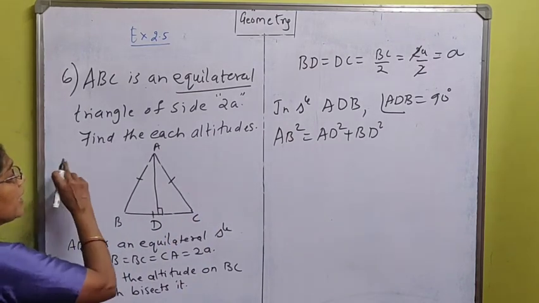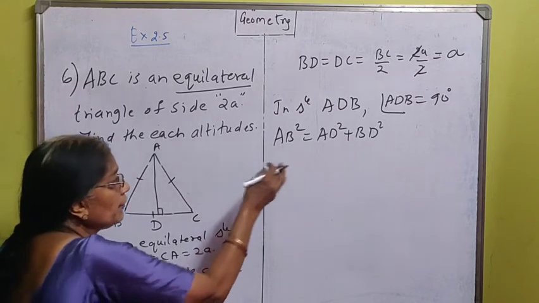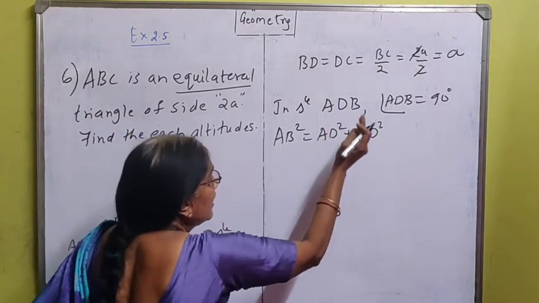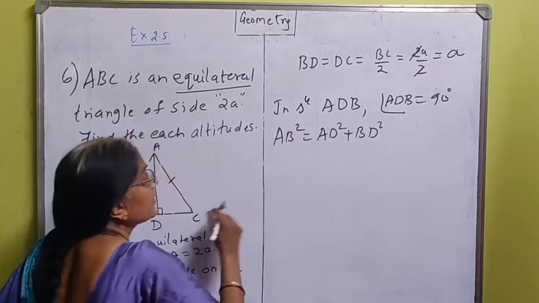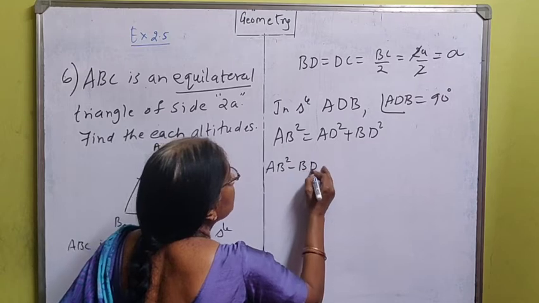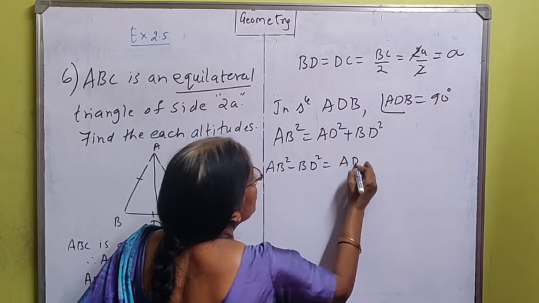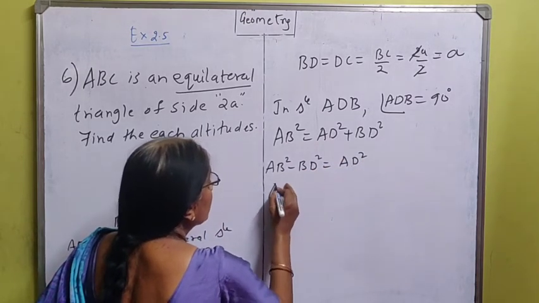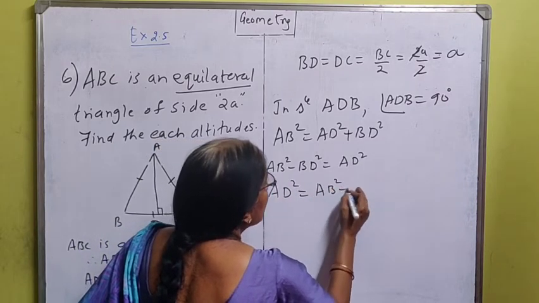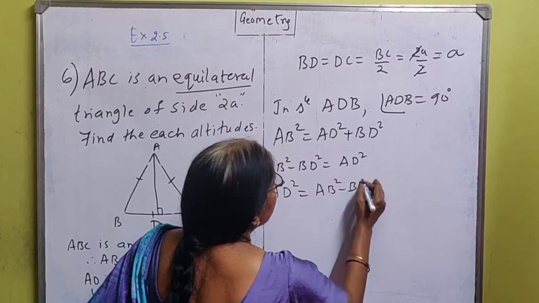Whose value do we have to find out? The value of AD. So we will keep AD square on the right hand side, and BD square we will take to the left hand side. So what shall we get? AB square minus BD square is equal to AD square, which I can write again as AD square is equal to AB square minus BD square.